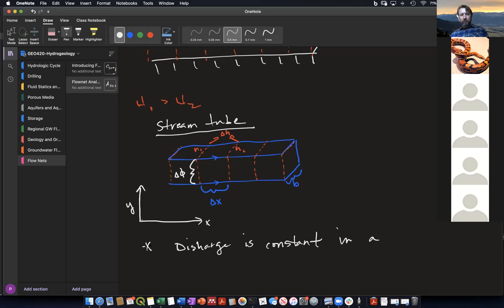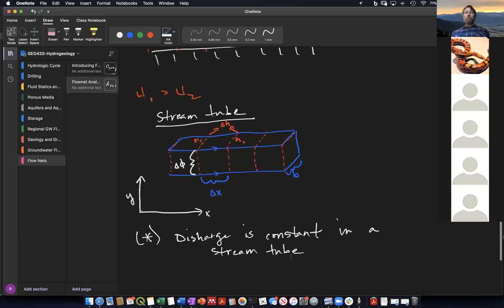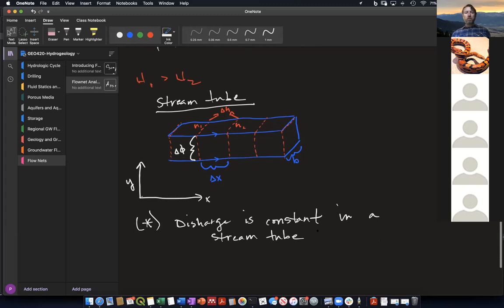This is a super important rule for us when we look at these stream tubes. What does that mean?